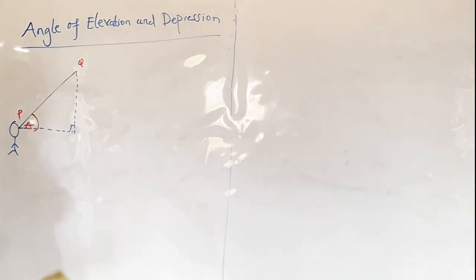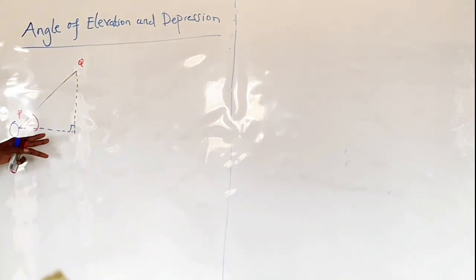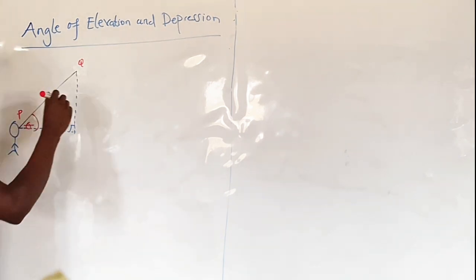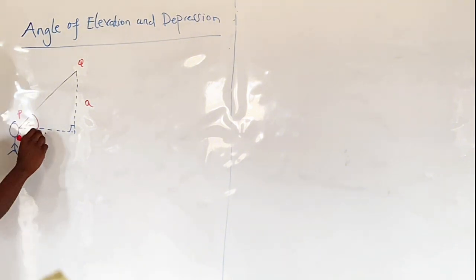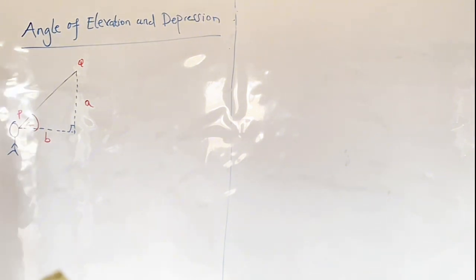Now, how do you find the angle of elevation? This now here becomes a right angle triangle. You realize that this side here is opposite to the angle theta, and here is adjacent to the angle theta.